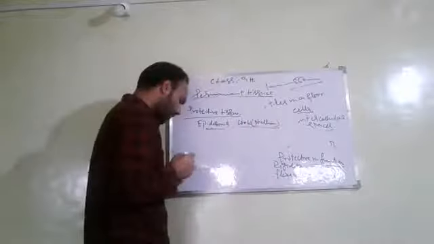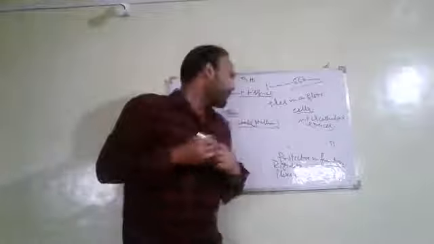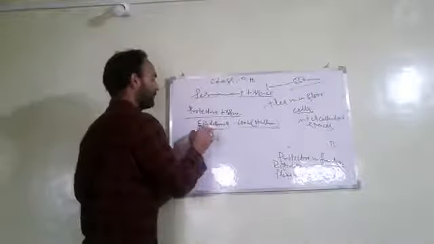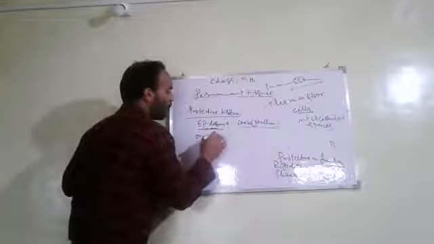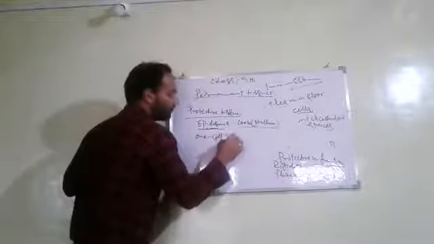Now what is this epidermis? As you are aware, epidermis is the outermost covering of the plant. In all plants, epidermis is the outermost covering, and it is one cell thick.